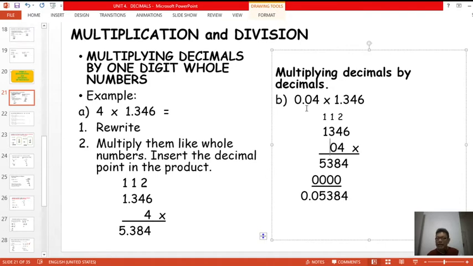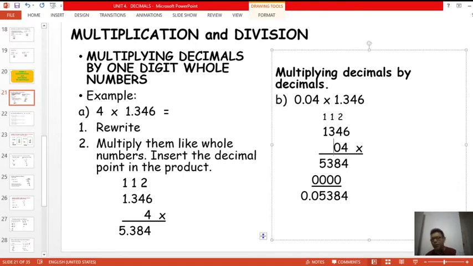It's just a representation that your whole number place is 0. Okay, so now let's move on. Since we are trying to make this a whole number, we have to imagine that this is a whole number now.